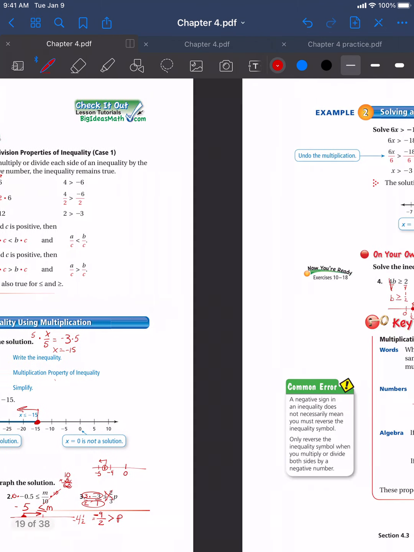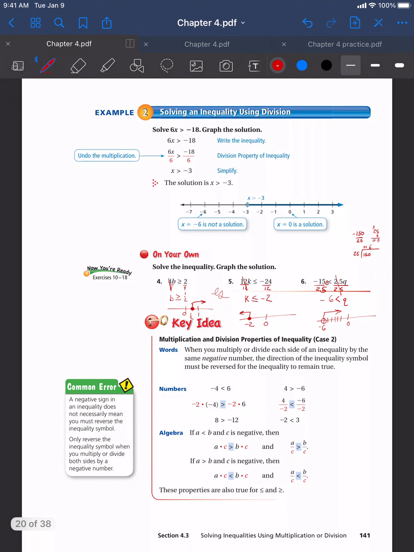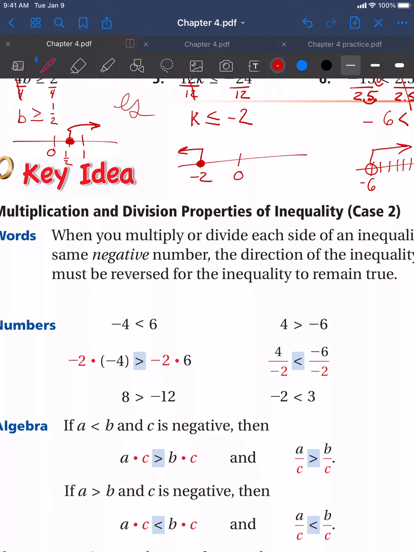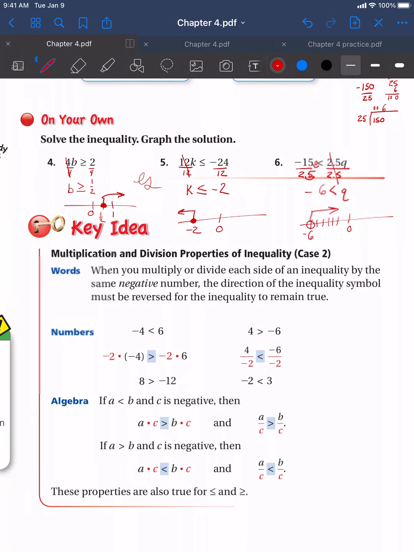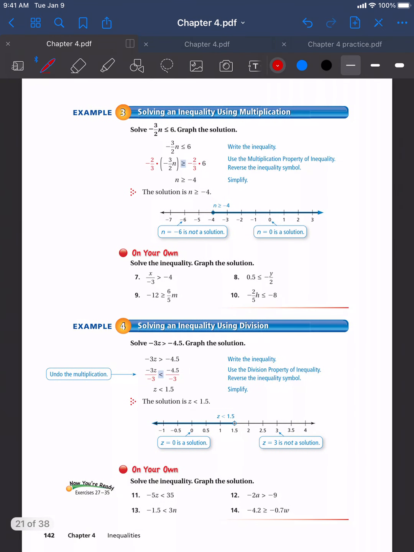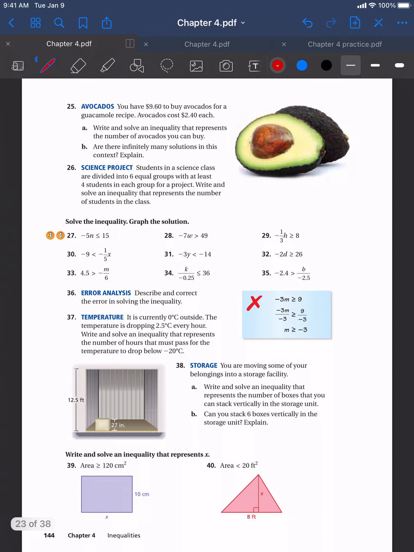So if you're multiplying or dividing by a negative number, it flips. Yeah, so look at this part. It says when you multiply or divide each side of the inequality by a negative number, the inequality flips. Oh my goodness, that totally changes everything, doesn't it?